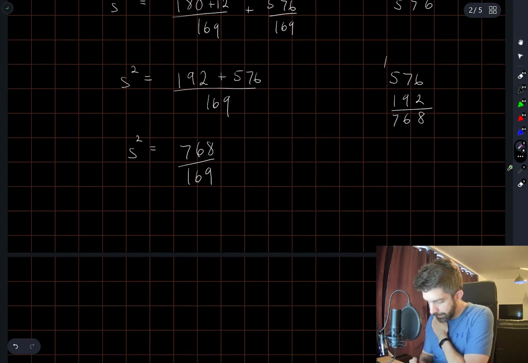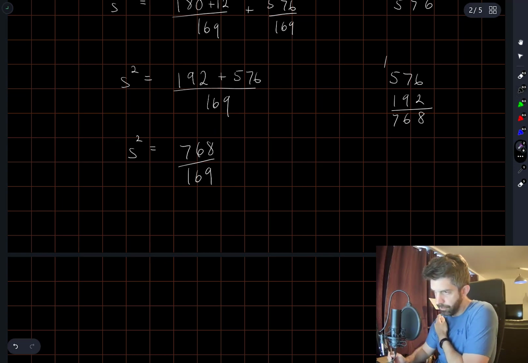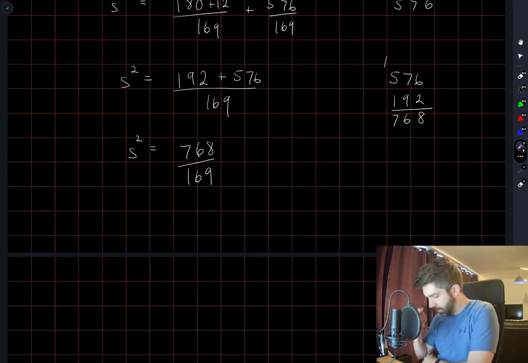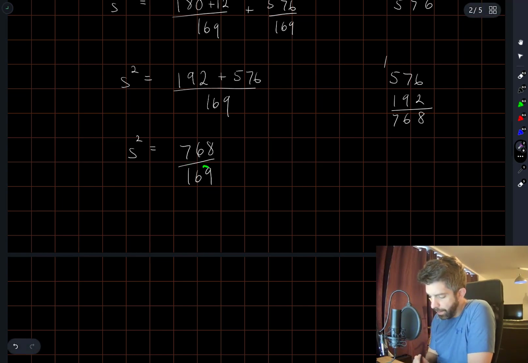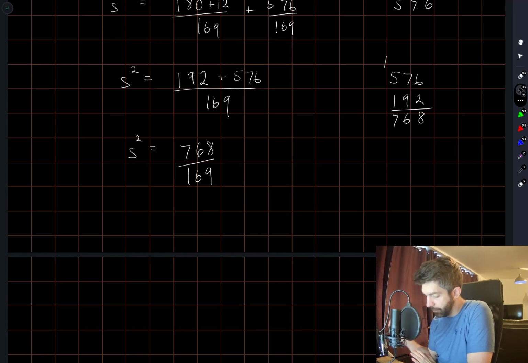Okay, so I've solved for the side length, or at least I've got the side length squared here. In terms of reducing this so that the numerator and denominator are relatively prime, the denominator is 13 squared. So all I've got to do is check whether 768 is divisible by 13. I don't know of any tests for this.